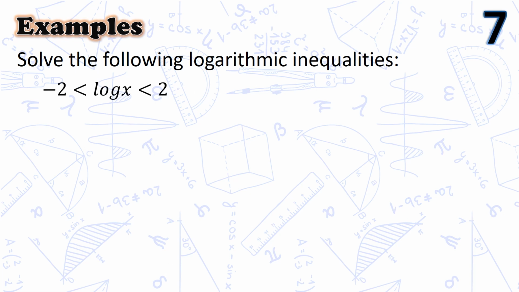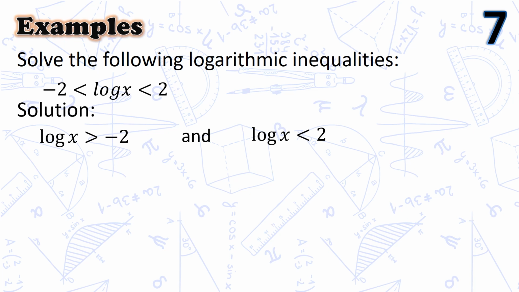Next example, the logarithm of x is greater than negative 2 but less than 2. We can split this inequality into logarithm of x greater than negative 2 and logarithm of x is less than 2. Now, for logarithm of x is greater than negative 2, we have logarithm of x is greater than logarithm of 10 raised to negative 2, by inverse property.